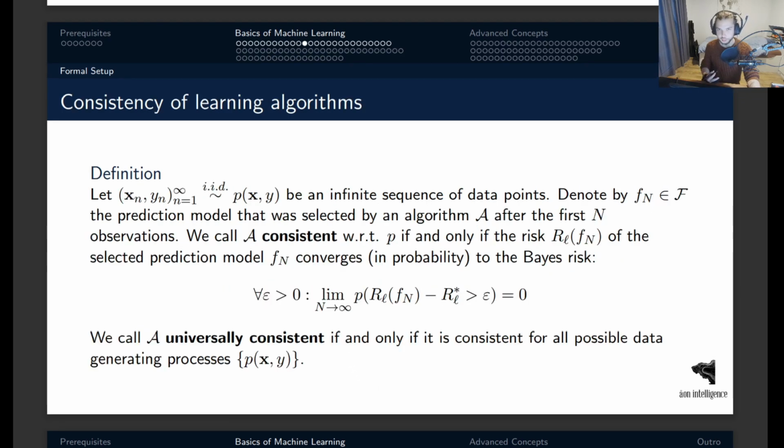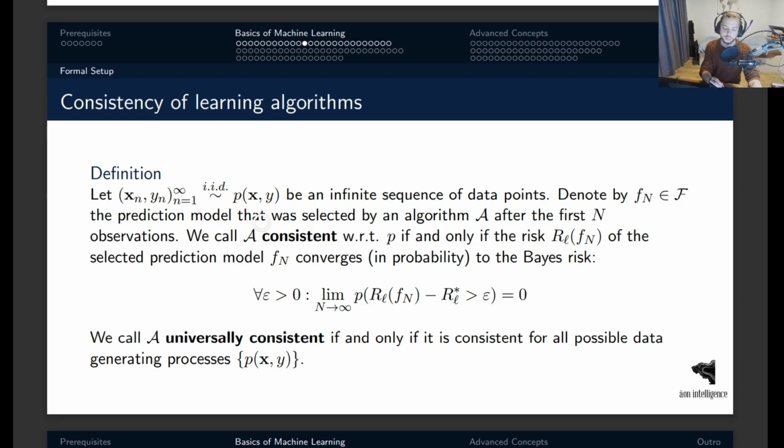But how do we go about finding such models? So we use what's called a learning algorithm, and I will denote learning algorithms with this A. These algorithms look at the data essentially and produce some kind of mapping as output, and this will be the mapping that you're left with.